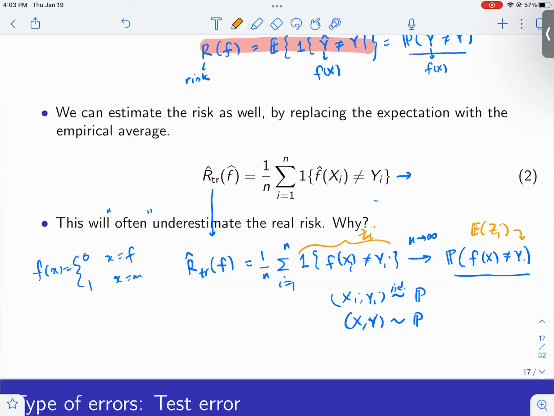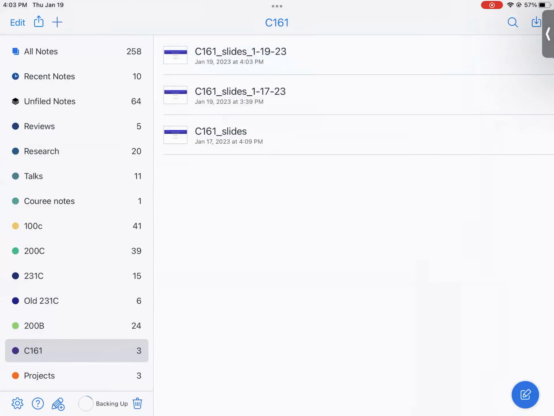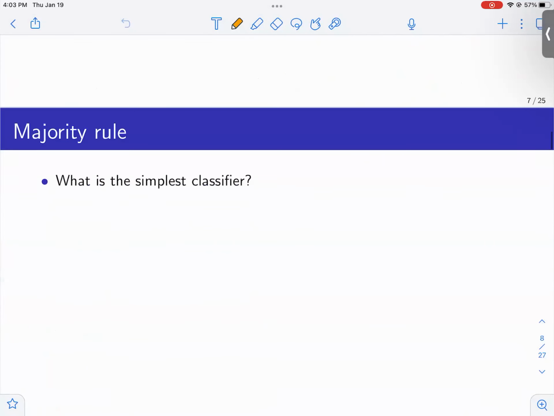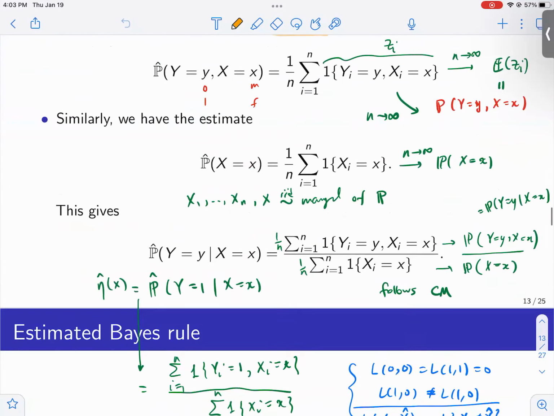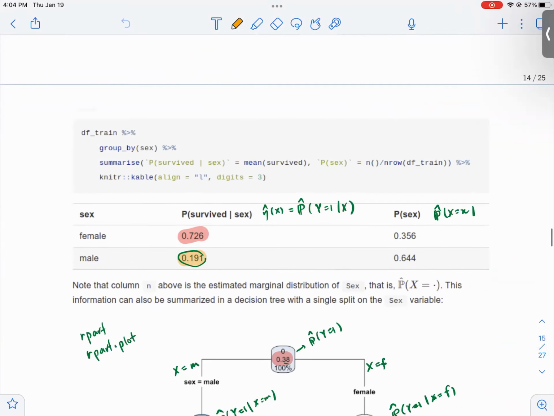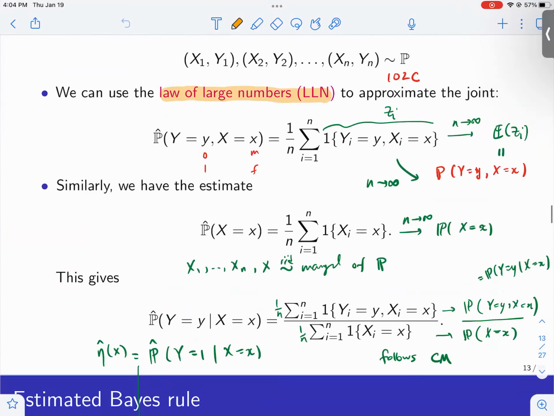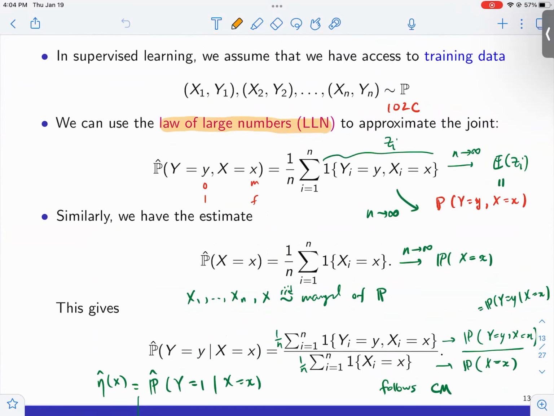We did something like that last time, if you remember my discussion here, that these empirical averages are converging to the population joint distribution. That's where we use the law of large numbers.